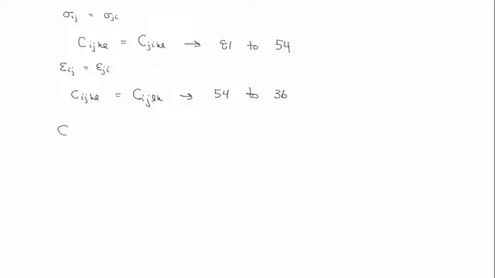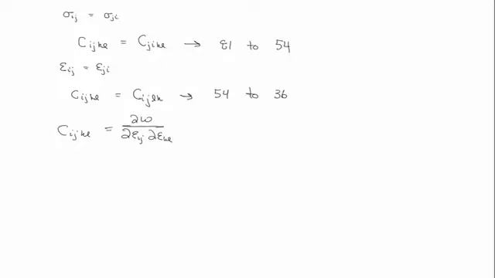And we also remember that the way we derive C_IJKL is from that strain energy potential, which is this. Because the order of differentiation doesn't matter, if I had a strain energy potential, I could differentiate by epsilon KL and then by epsilon IJ, and I'd get the same answer as if I differentiated by epsilon IJ and then KL.